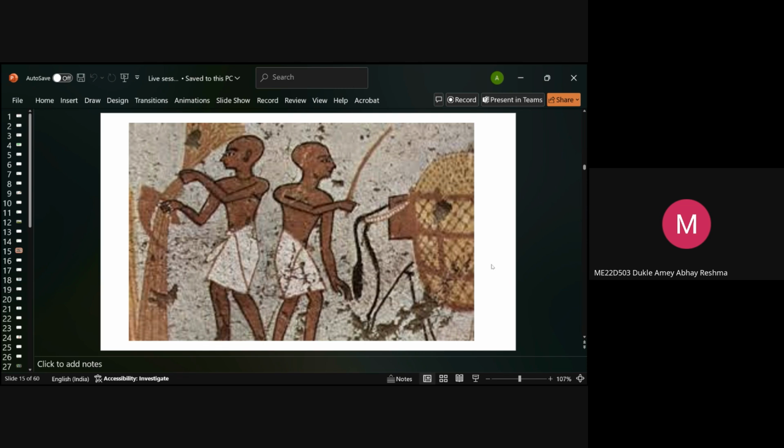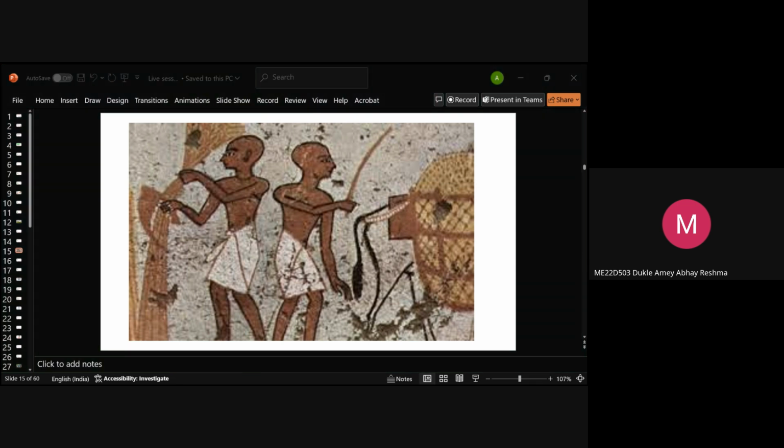Multiple evidences were there, but one of the major evidences was this cave painting, from which, using carbon dating, they were able to find out how far back the painting dates, and based on the painting's age they deciphered that agriculture might have been going on from that time.